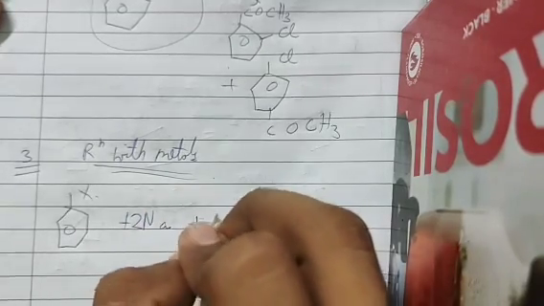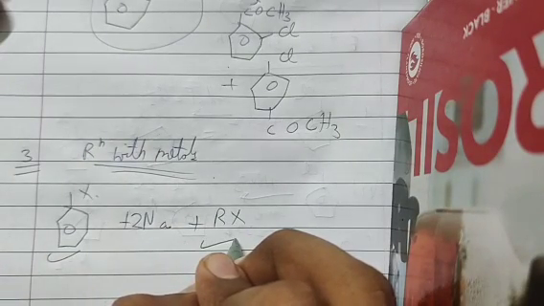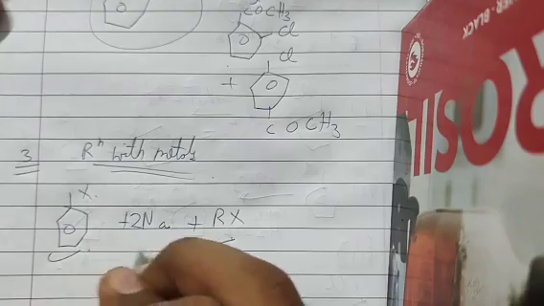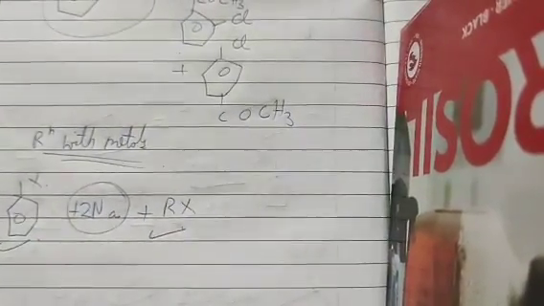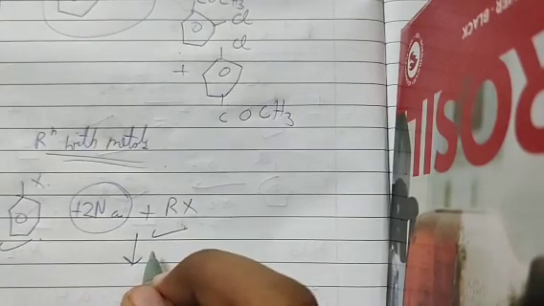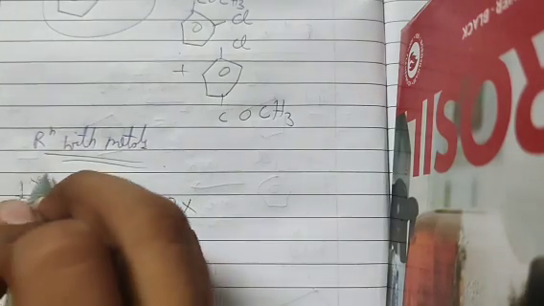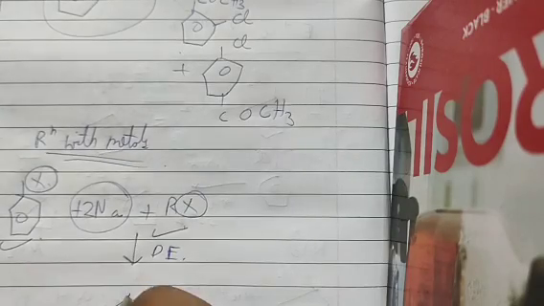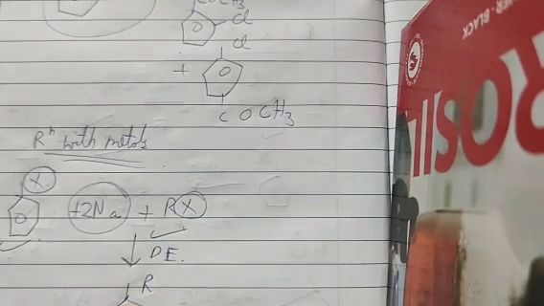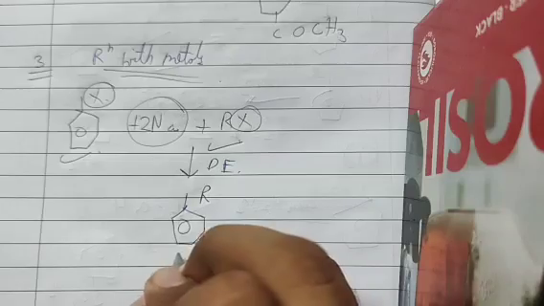I have taken a haloarene and a haloalkane, and they will react together with 2 sodium in dry ether as the reaction condition. The X and the 2Na will be removed as 2NaX, and I'll be getting this as my product, which is known as alkylarene.